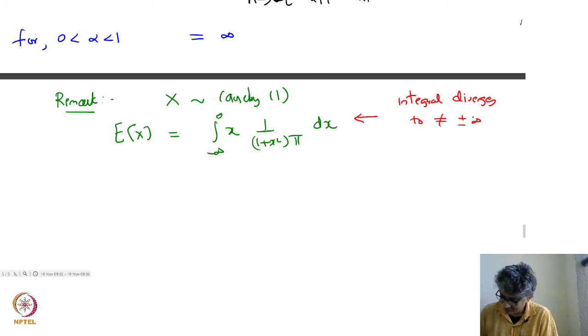Because it's an odd function, you think it's converging to 0, but it's not. It's just going up and down. So in this case, E of X is not defined, in quotes. For a Cauchy random variable, the mean is not defined.